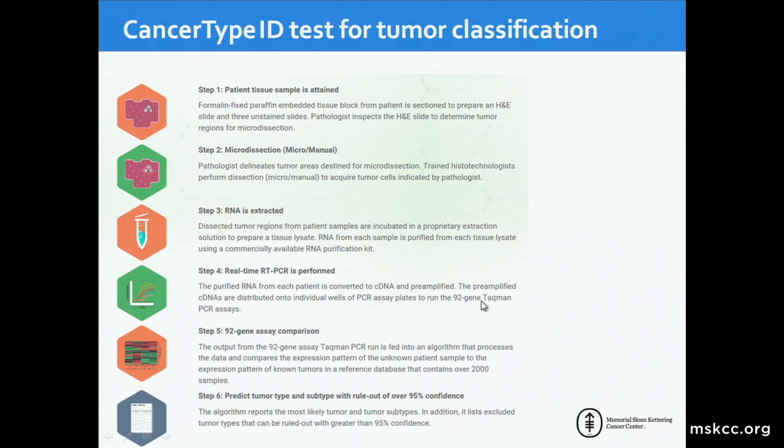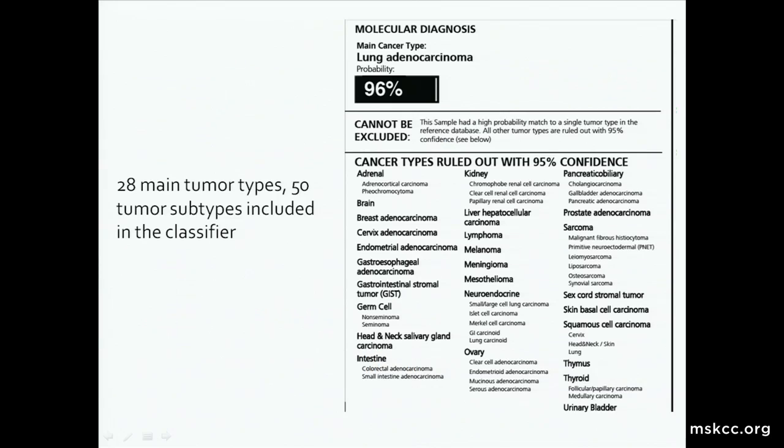It's a 92 gene assay. The results from this 92 gene assay are compared to gene expression profiles from certain known tumor types, and they have a reference database of over 2,000 samples. The database includes 28 main tumor types and 50 tumor subtypes.